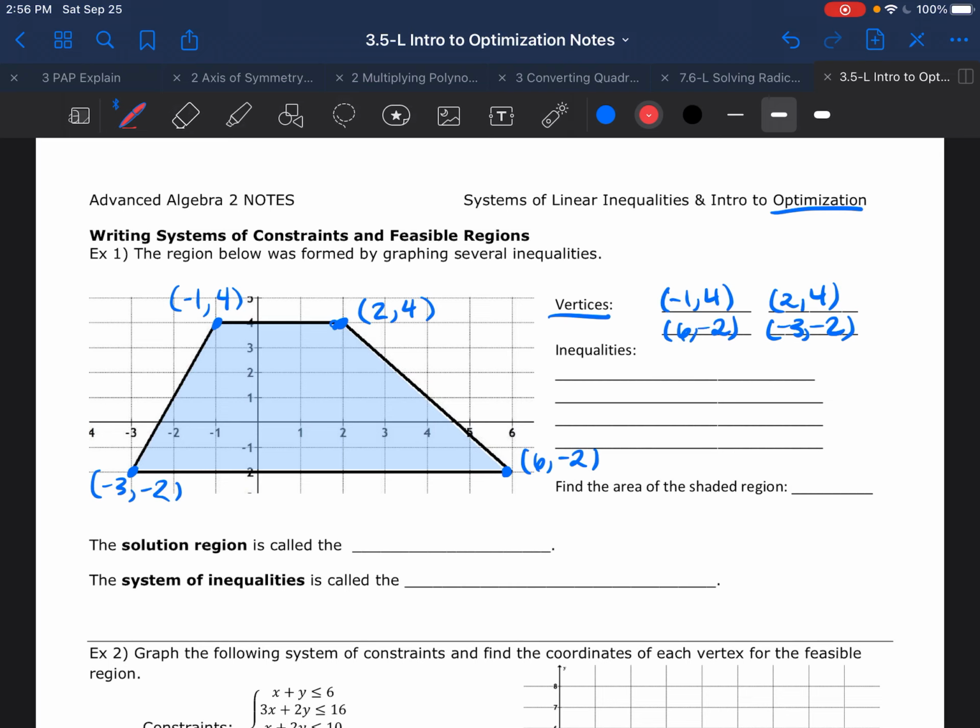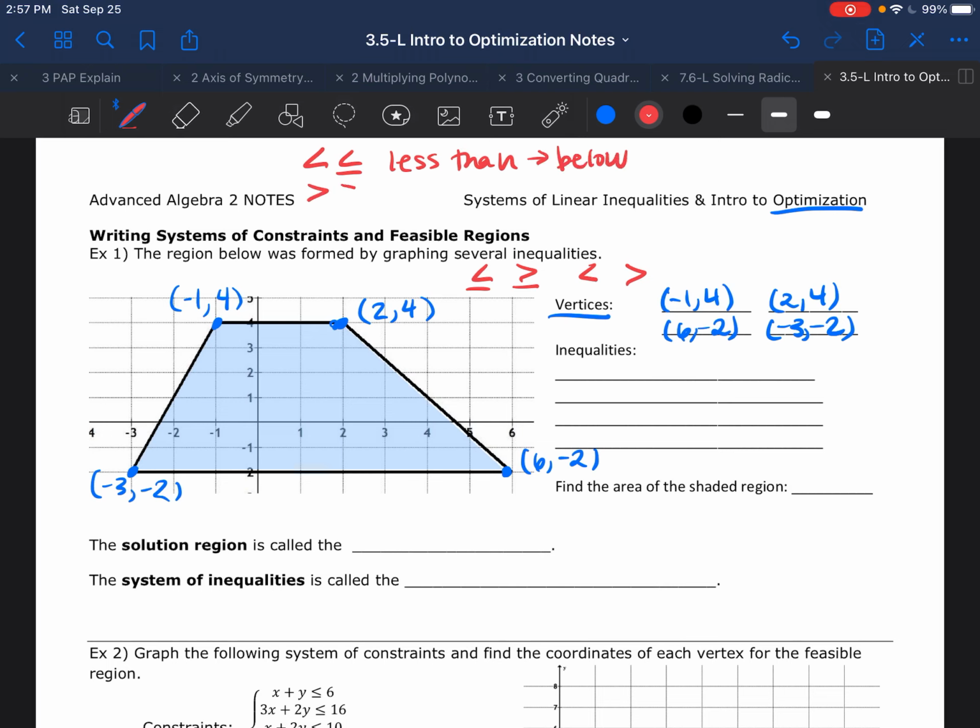These are all solid lines on the region, so we're going to have less than or equal to or greater than or equal to for every single one of them. If they were dashed or dotted lines, we would have strict inequalities. The other thing you need to remember from Algebra 1 is that your less than sign, the one that makes an L if you stand it up, means below.